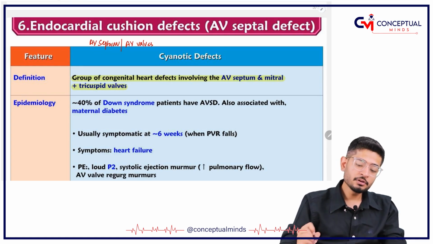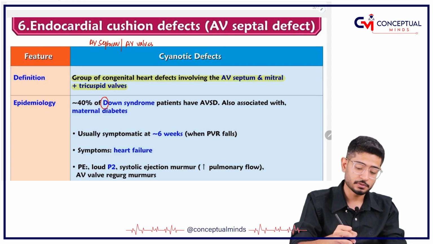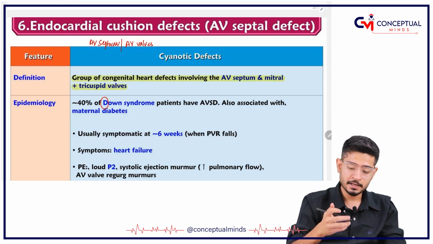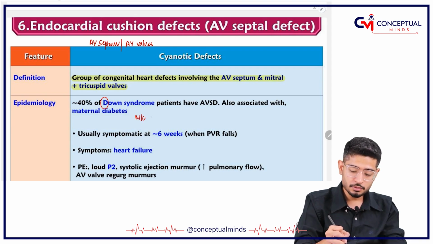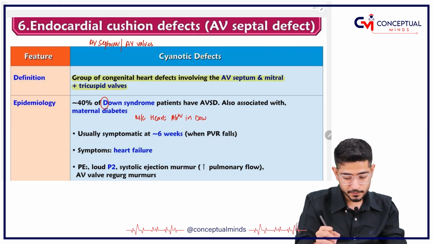Now, endocardial cushion defect is most commonly seen with Down syndrome. This is extremely important. Whenever they ask you what is the most common heart abnormality which occurs in Down syndrome, this is going to be the endocardial cushion defect.